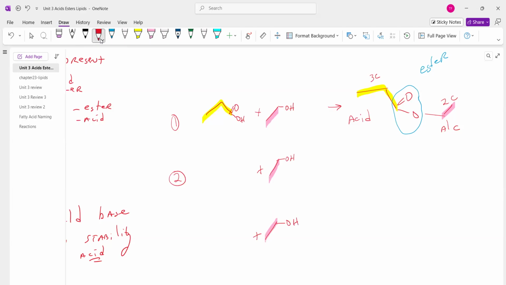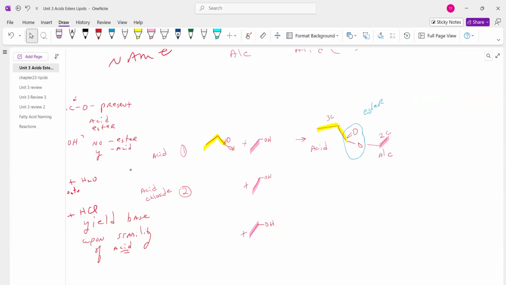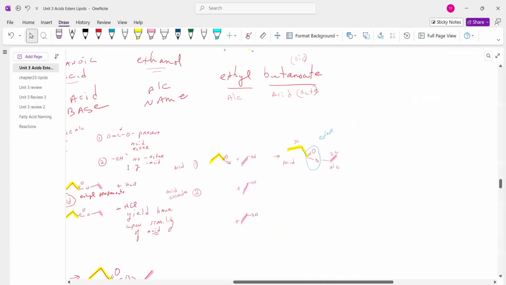So we still need a 3-carbon acid, but this is going to be from the acid chloride. Let's see, I need more room here.